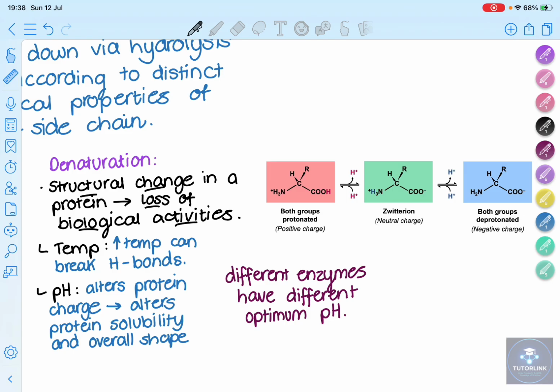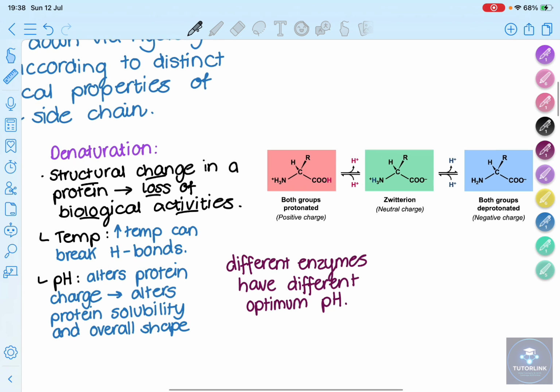So when we change the structure of the protein, then we lose that biological activity. So denaturation of proteins is caused by temperature and pH. High temperatures basically break hydrogen bonds.